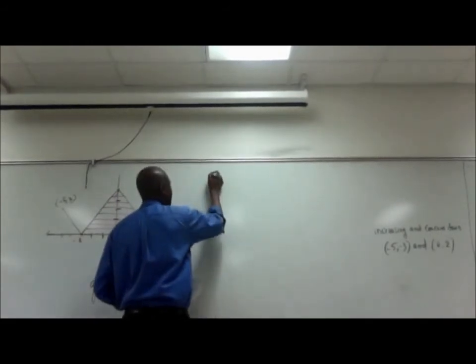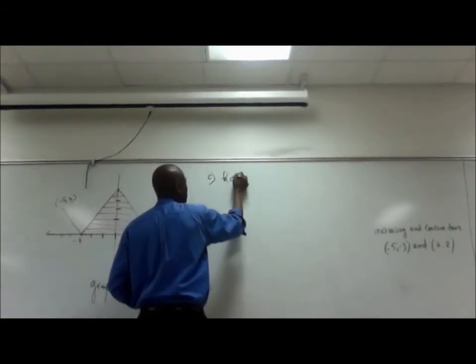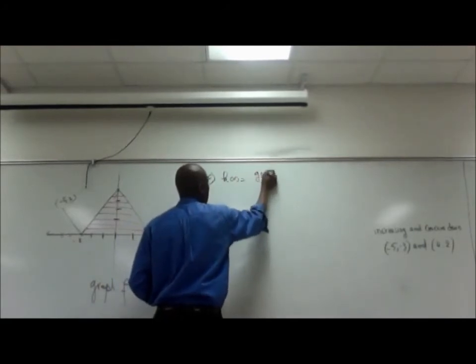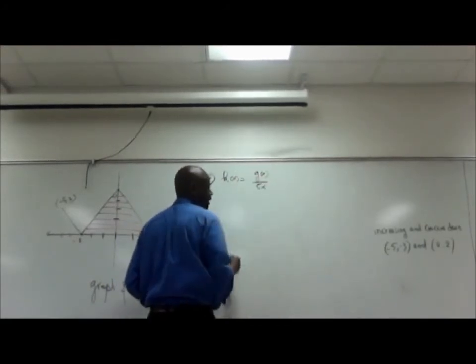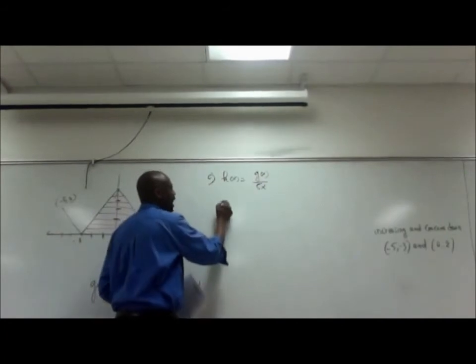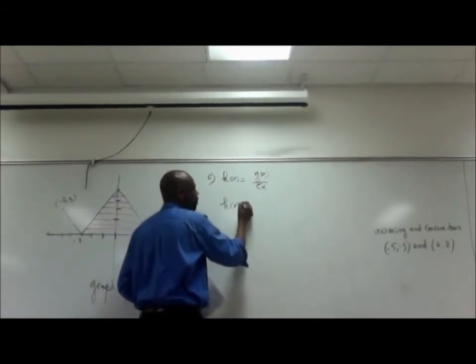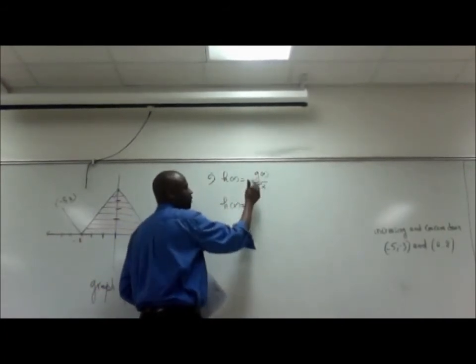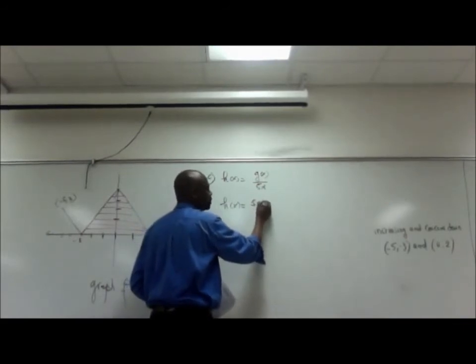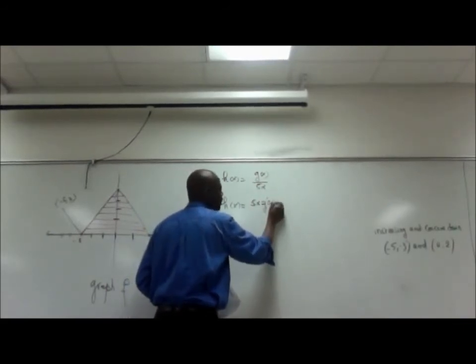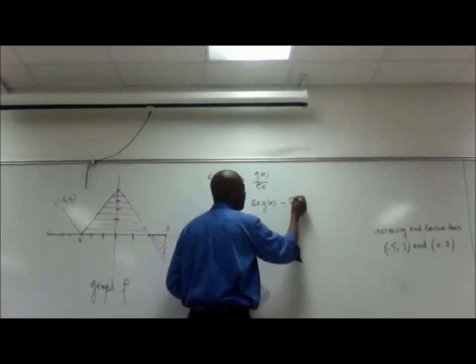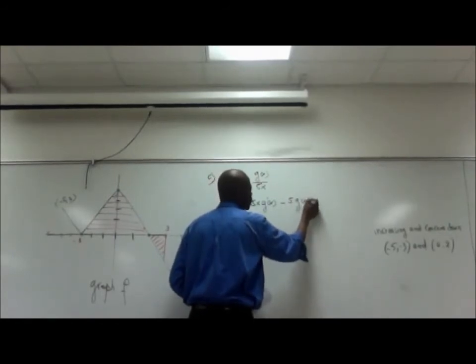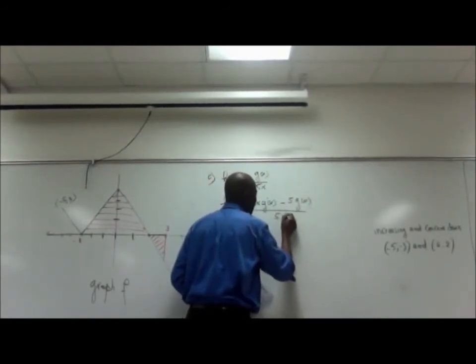h of x is g of x over 5x. This is a quotient, so h prime of x is 5x times g prime of x minus 5 times g of x, over 5x squared.